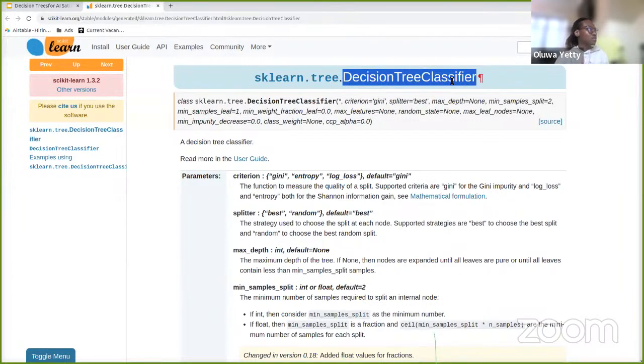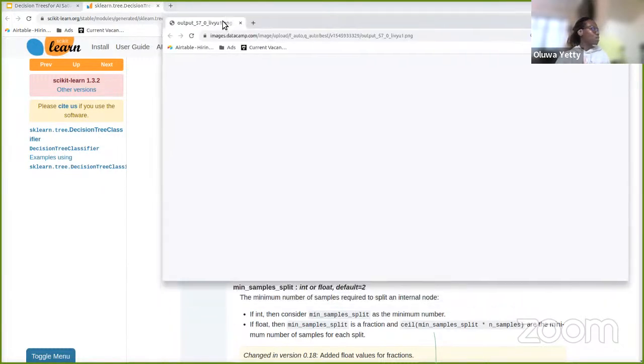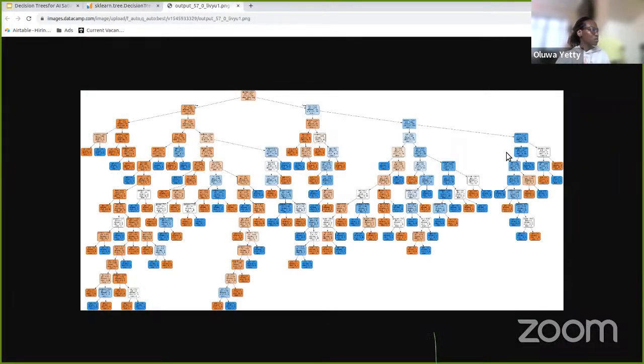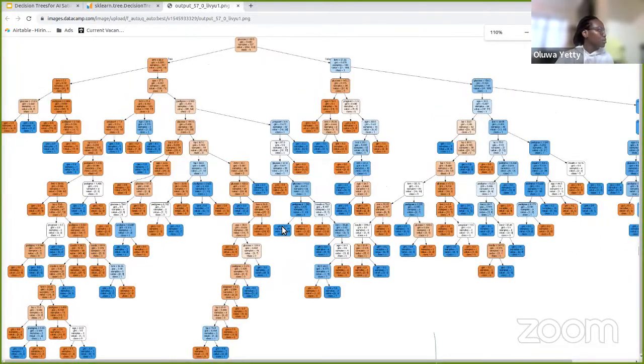There is also the decision tree regressor, but this is the classifier method, which is for binary classification or multi-classification. I just remembered that I wanted to show us what visualizing a decision tree looks like. So this is an example. Let me see if I can zoom. Control plus.